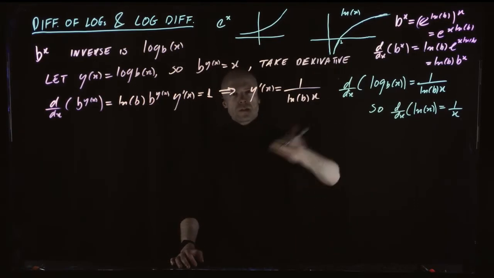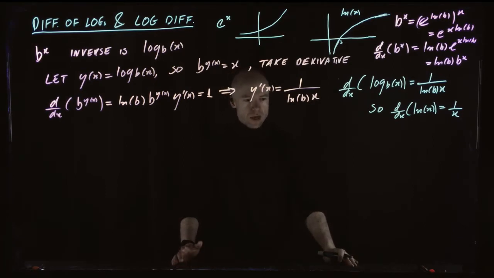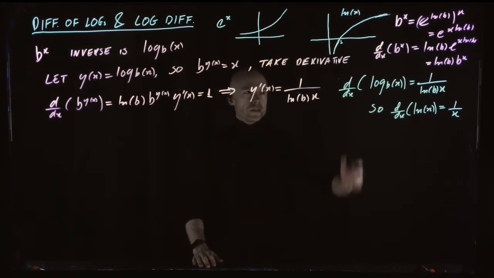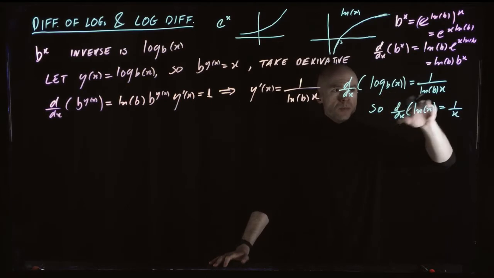And b to the x only differs from, well, I should be more careful. The derivative of b to the x is just a constant times b to the x, so they're really quite similar in their derivatives. So we'd expect log to be really similar as well. And the only difference between log to the base b is that we have a constant in front of the x when we go 1 over the x.